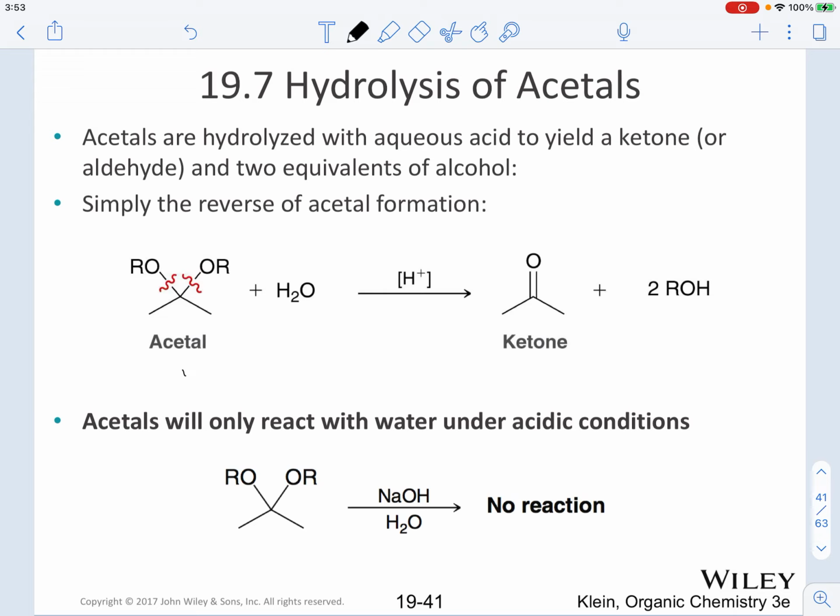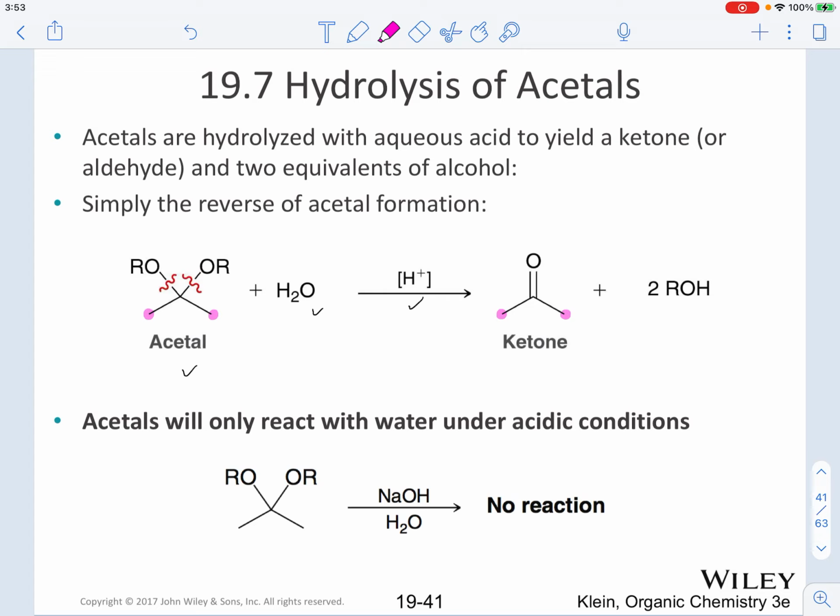So if we have an acetal and we put it under acidic conditions, depending, okay, this one we know it is based on a ketone because as you can see there's 2 CH3 here, so that's why we have a ketone. Now, understand that acetals only react with water under acidic conditions.